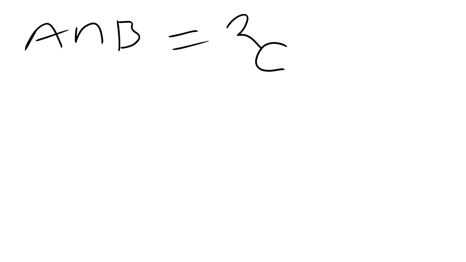We assume that all these cards were aces and black, meaning that to find A intersection B, we're just going to say 2 combine 2, which is going to give us 1.